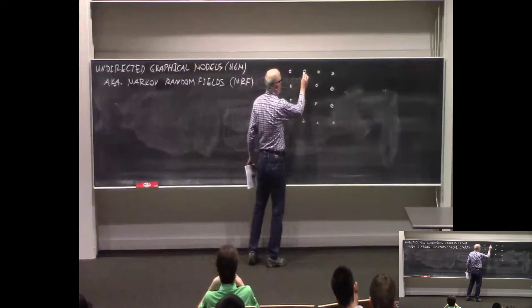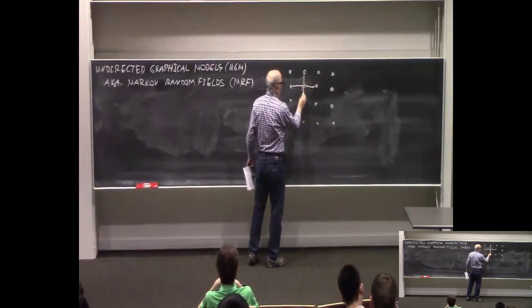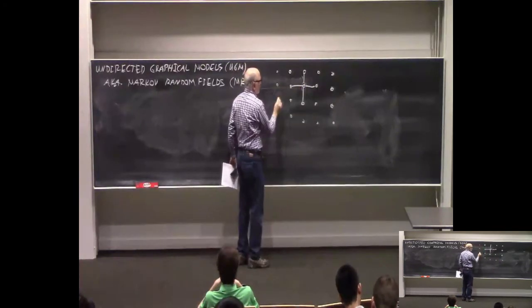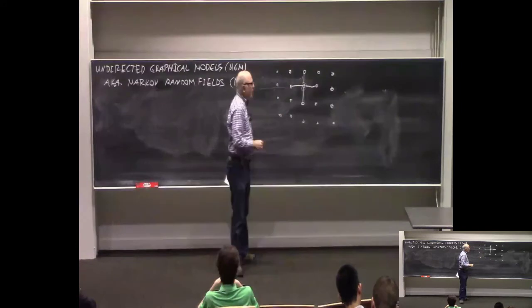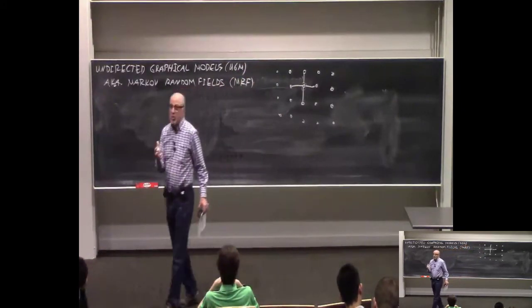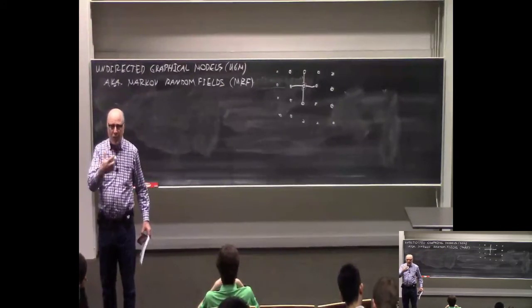And draw an edge to it. These are the neighbors of this pixel. And by putting an edge, we're saying there's a direct relationship, not causality necessarily, but a direct correlation, association between these values.